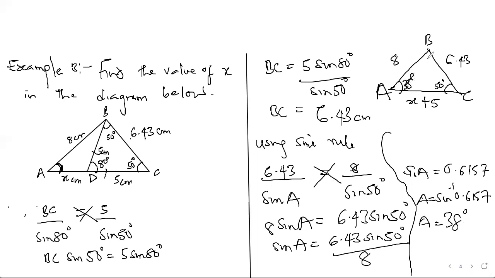If I know A as 38, I can find B because all the angles must add up to 180 degrees. So that should be 180 minus 38 minus 50. So that gives 92. So I have this as 92. Now, I can then use sine rule again to figure out what X will be, because X plus 5 over sine 92 will be equal to 8 over sine 50.